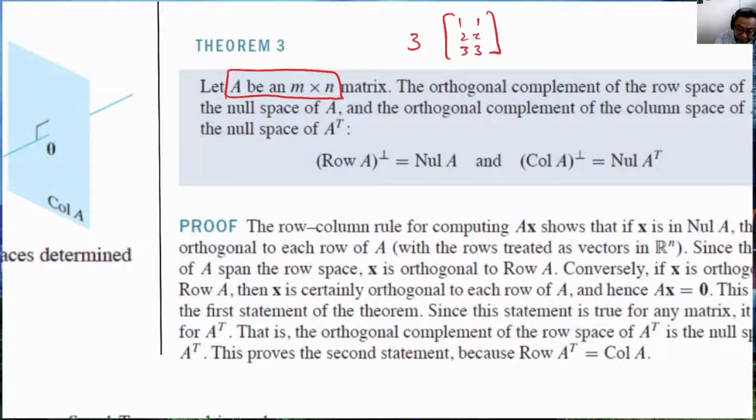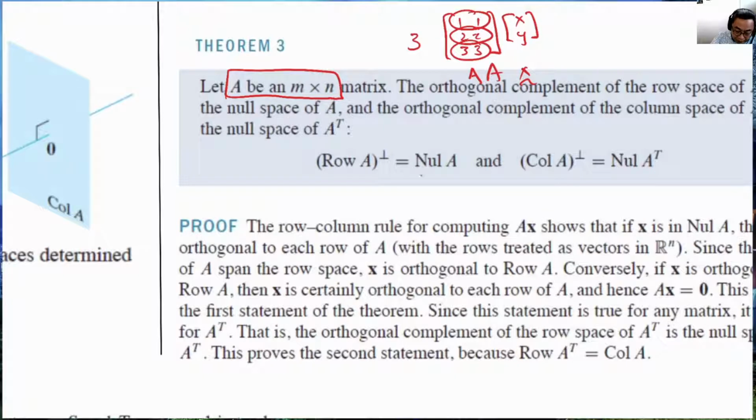So the A matrix has dependent rows, and we have x and y. So this is Ax, the typical equations we know. The row space is these rows, any linear combinations of these rows.